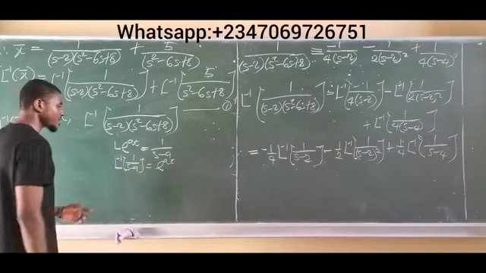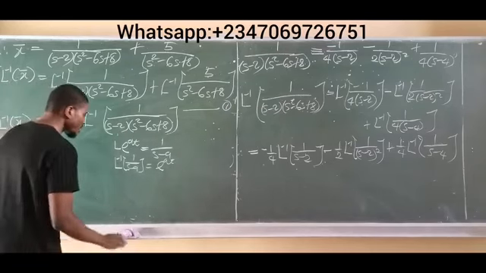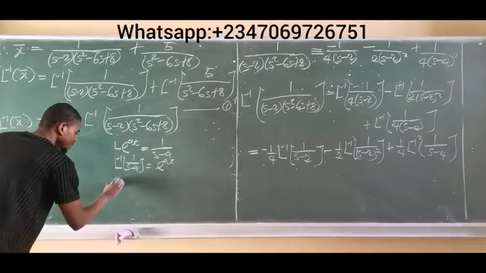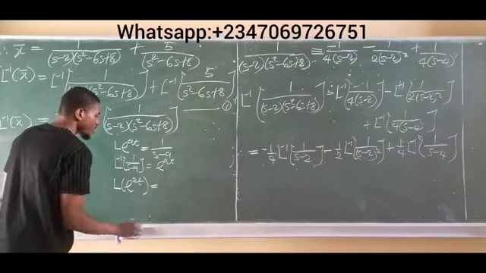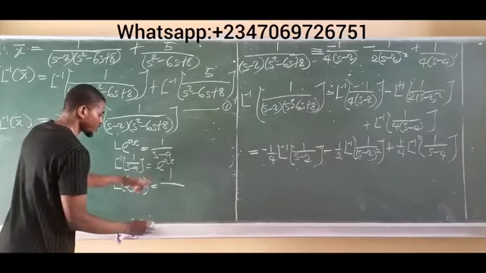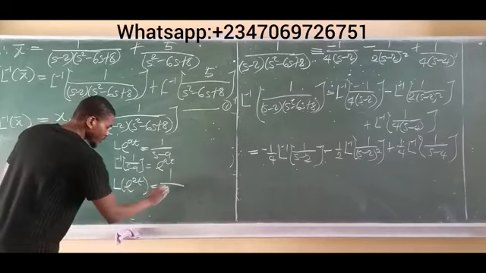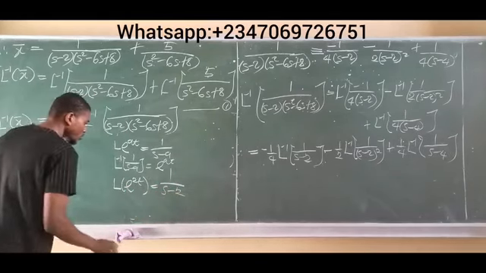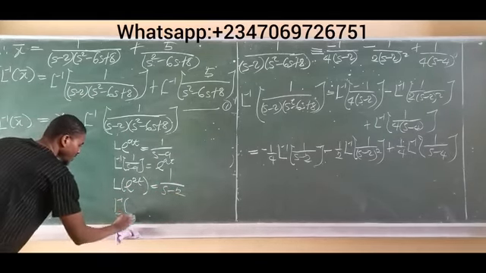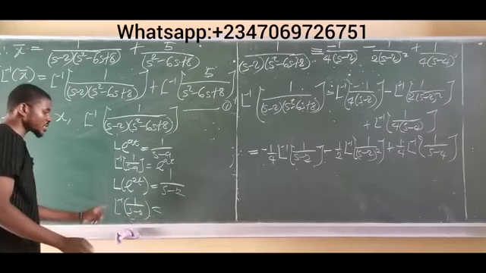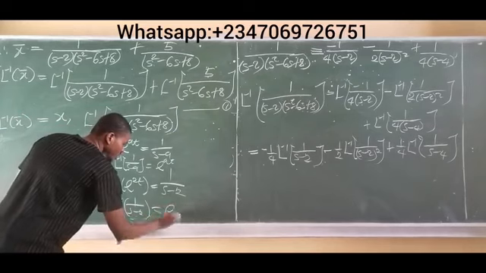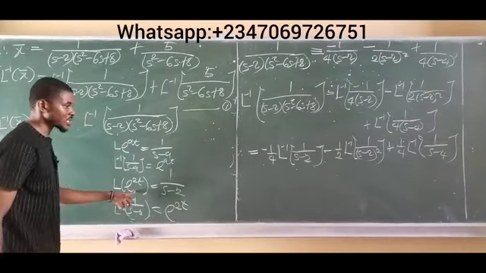Exponential at, taking it back to the original equation. Hence, the Laplace transformation of exponential 2t becomes 1 all over (x minus a), and a in this case is 2. It becomes x minus 2, which means that the Laplace inverse of 1 all over (x minus 2) will take us back to the original equation, which is exponential 2t in this case.